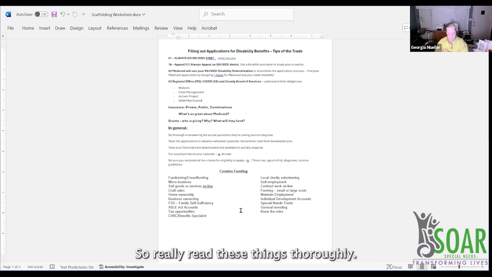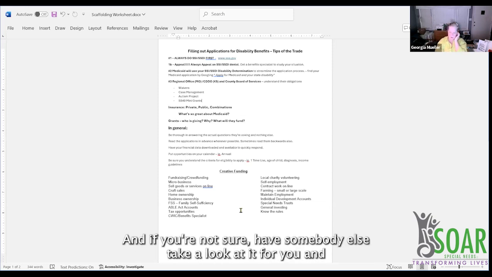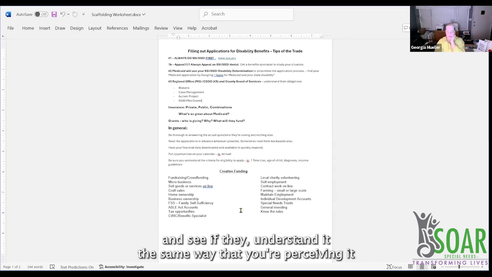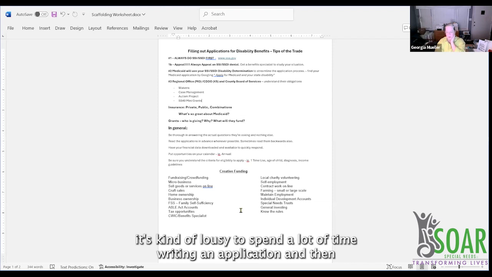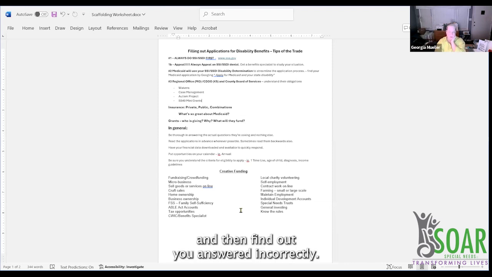So really read these things thoroughly. And if you're not sure, have somebody else take a look at it for you and see if they understand it the same way that you're perceiving it. Because it's kind of lousy to spend a lot of time writing an application and then find out you answered it incorrectly. It's really exhausting.